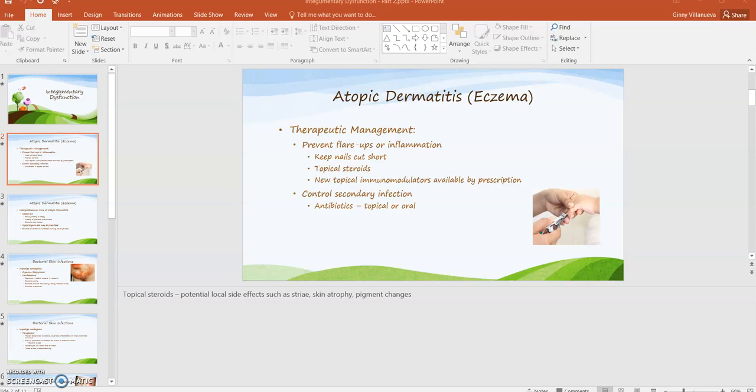These are not in your pharm book, but a prescription is required, and these new topical modulators can cause some significant adverse effects. So that's a concern there.